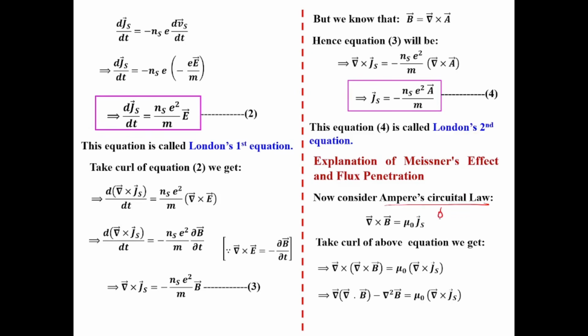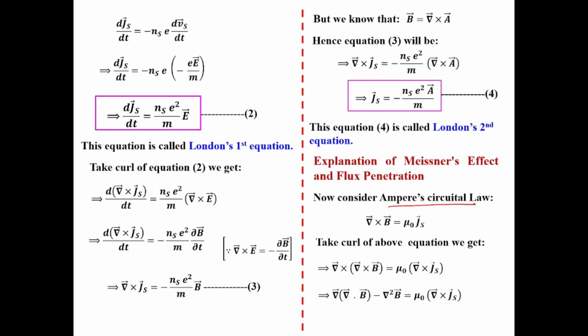Actually, we know Ampere's circuital law is this one: closed integral of B dot dl equals mu 0 I. By using Stokes' theorem, this can be written as the surface integration of del cross B equal to mu 0 I. So del cross B equals, this is the integration over the surface, that means area, mu 0 I by A or mu 0 J. This one I wrote directly. This is also nothing but your fourth Maxwell equation itself.